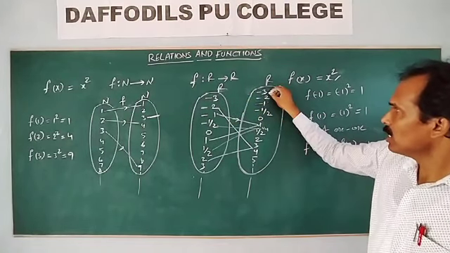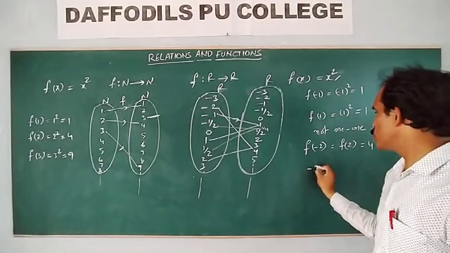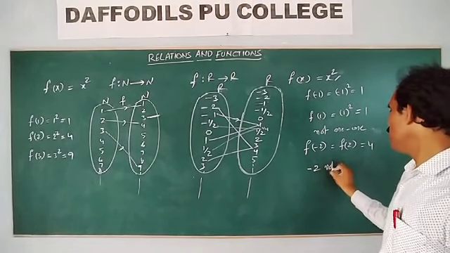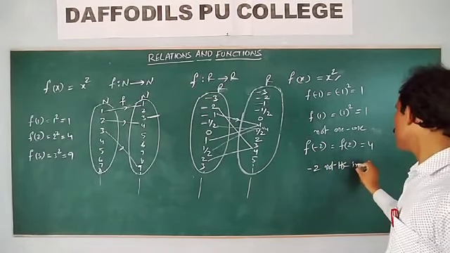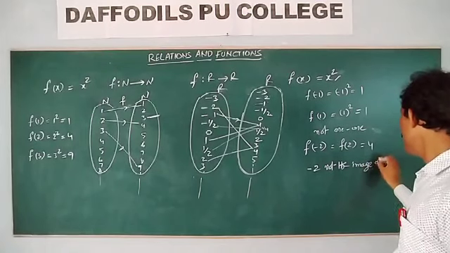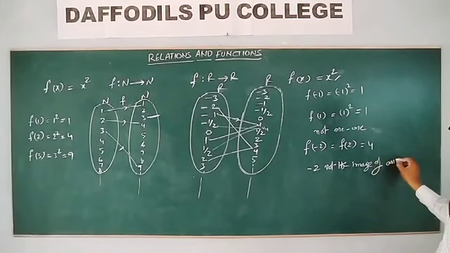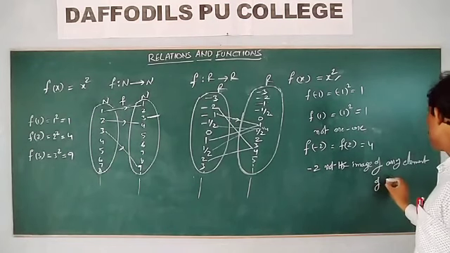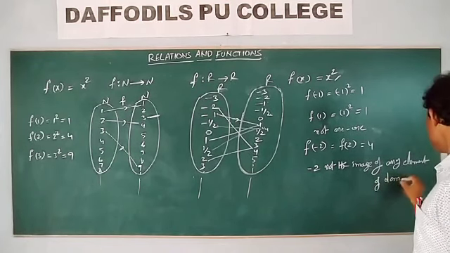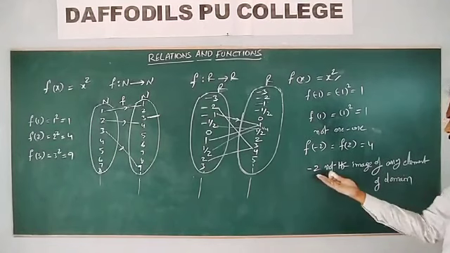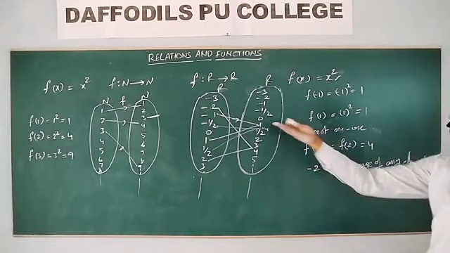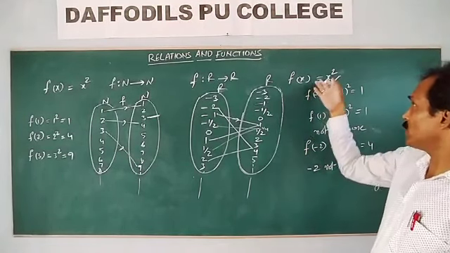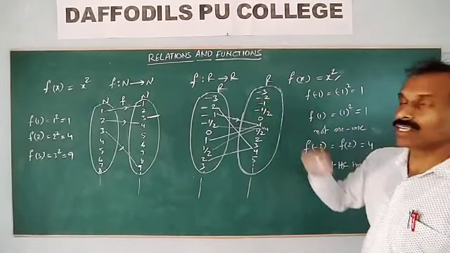For example, -2 is not the image of any element of the domain. Substitute any value and you do not get the answer -2.